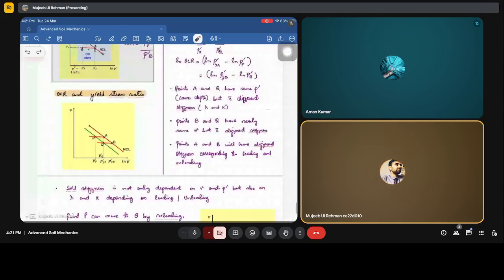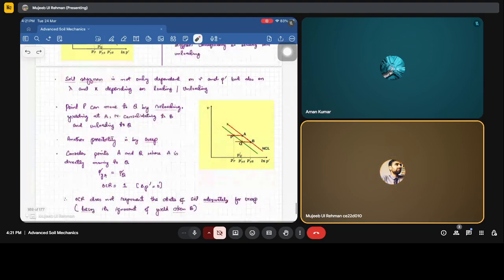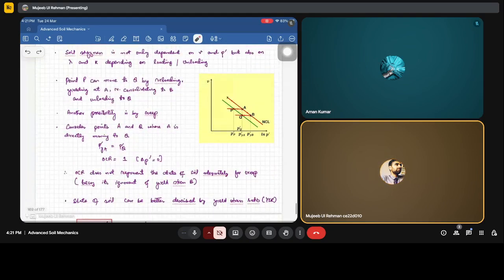Now for this A and Q, while A is directly moving to Q, going from A to Q in a downward direction, P dash YA is equivalent to P dash Q. It means that our OCR will become 1. There is no change in the P dash. Correct?